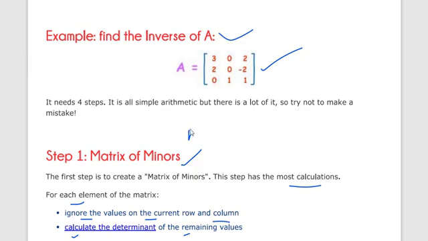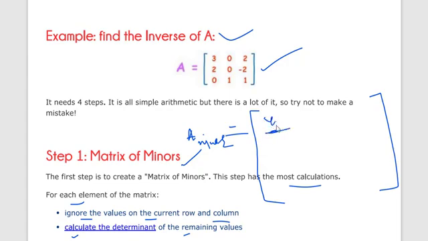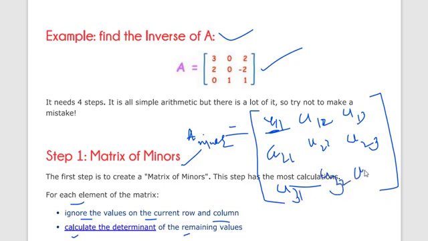So if you want to find the matrix of minors, how do we find it? Here A11, A12, first row second column, first row third column, A21, A22, A23, A31, A32, A33.